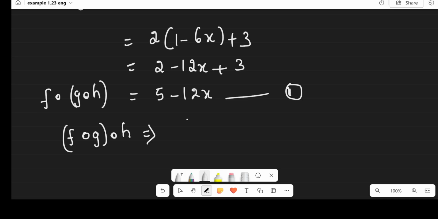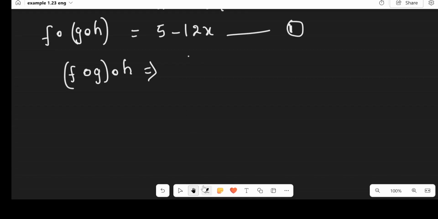For this, we are going to follow the same thing. What we are going to do is solve f of g first, that is in the bracket. I'm going to find out the value of f of g.